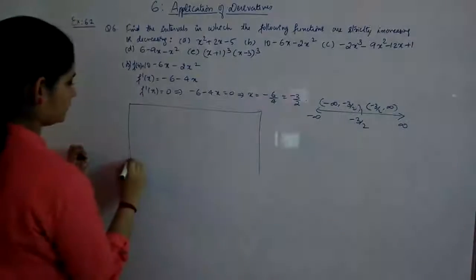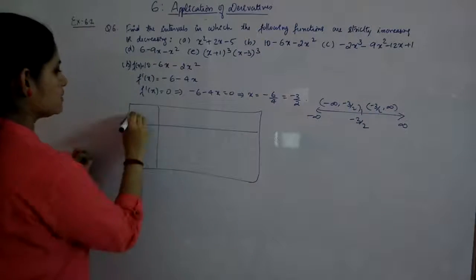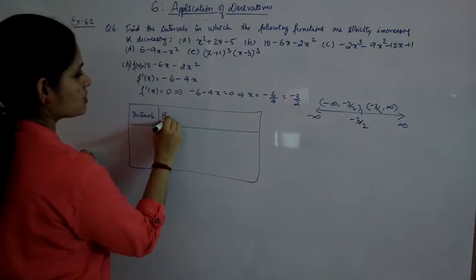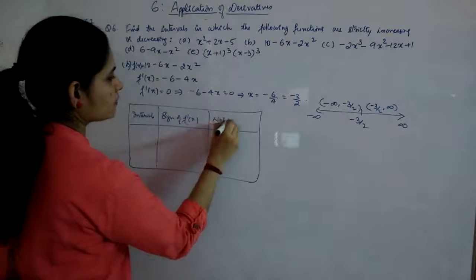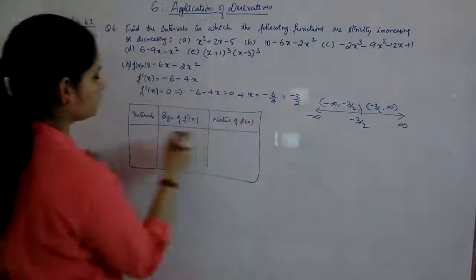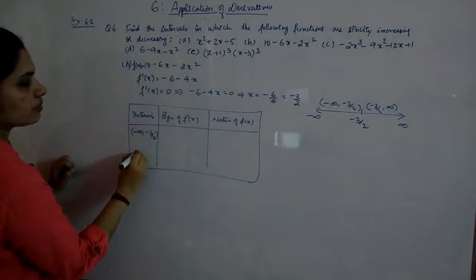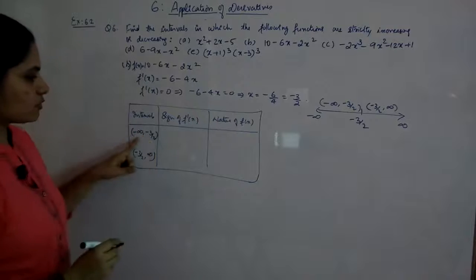Taking the table: the first is intervals, the second is sign of f dash of x, the third is nature of f of x. So minus infinity to minus 3 by 2, and minus 3 by 2 to infinity. Now in between you have to take one value.